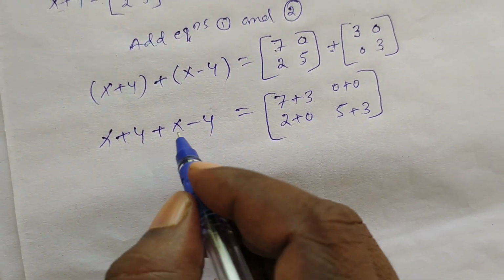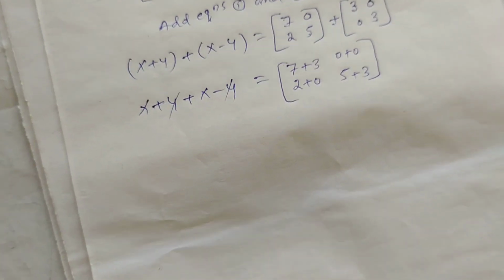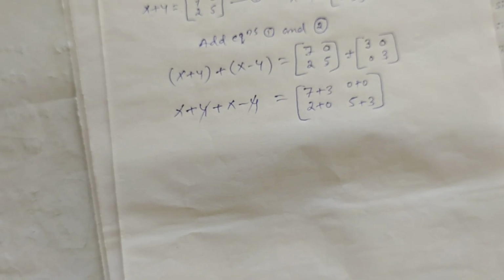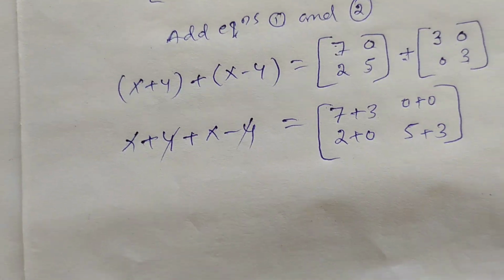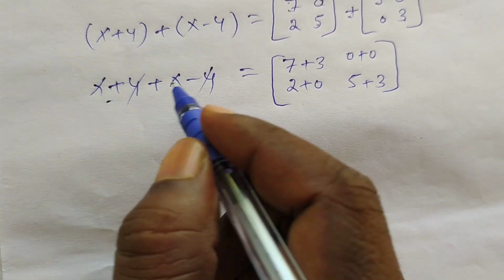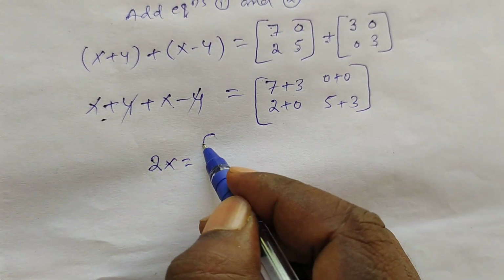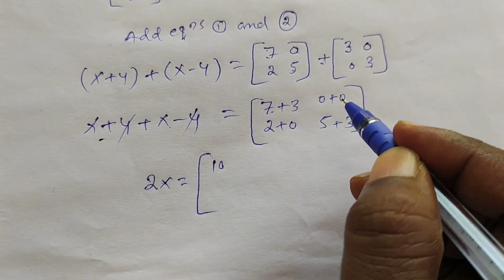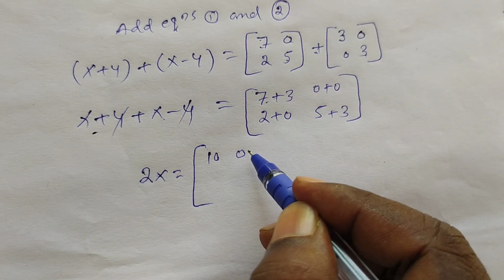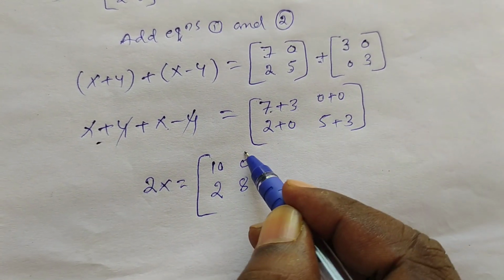Now here plus Y and minus Y get cancelled. Now X plus X is 2X, that is 7 plus 3 is 10, 0 plus 0 is 0, 2 plus 0 is 2, 5 plus 3 is 8.